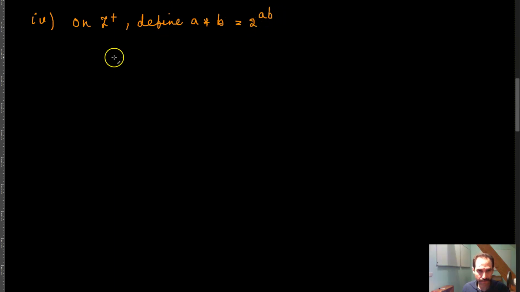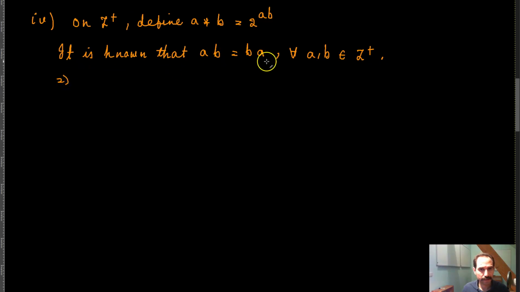Of course, you can say that it is known that A times B is equal to B times A for all A and B belonging to Z plus.